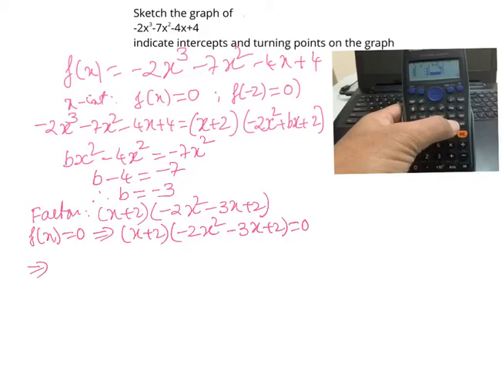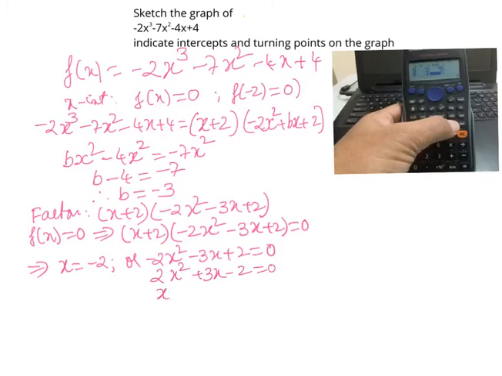Which further implies that x is equal to negative 2 or negative 2x squared minus 3x plus 2 is equal to 0. Now the second equation I can solve by using the quadratic formula or by factorization. If I use the quadratic formula, I change everything to positive: 2x squared plus 3x minus 2. That is, I'm dividing every term by negative 1.